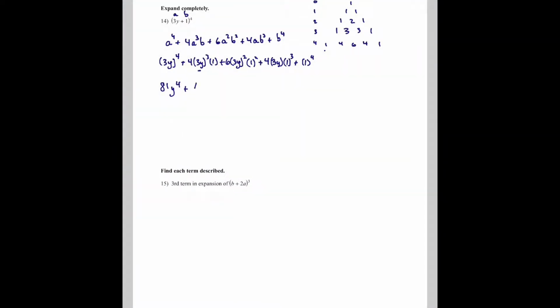So we have 108y cubed. Here we have 3y to the 2nd power, that's 9y squared. 9y squared times 1 is still 9y squared. And 9y squared times 6 is 54y squared. Then here we're going to have 3y times 4 times 1, so that's 12y. And then plus 1.